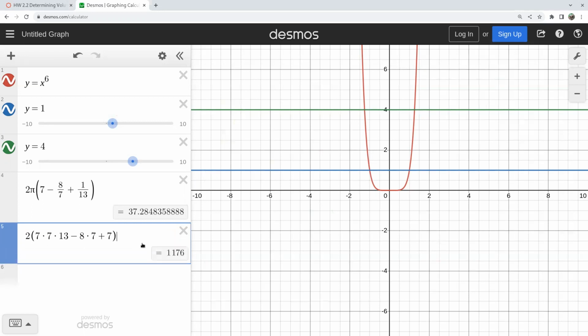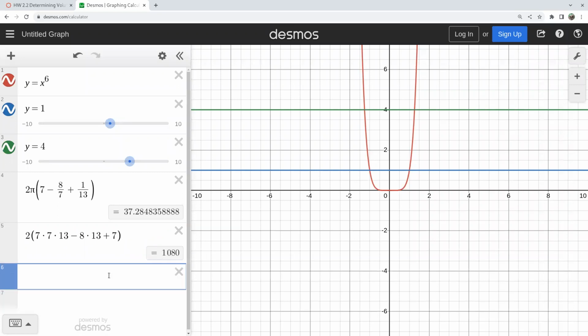Let's see, did I get that right? 7 times 7 times 13. Get a common denominator for that one. 8 needs a common denominator of 13. Oops, there we go. And 13 needs a common denominator with a 7. That looks better. So that's telling me my numerator is 1080.